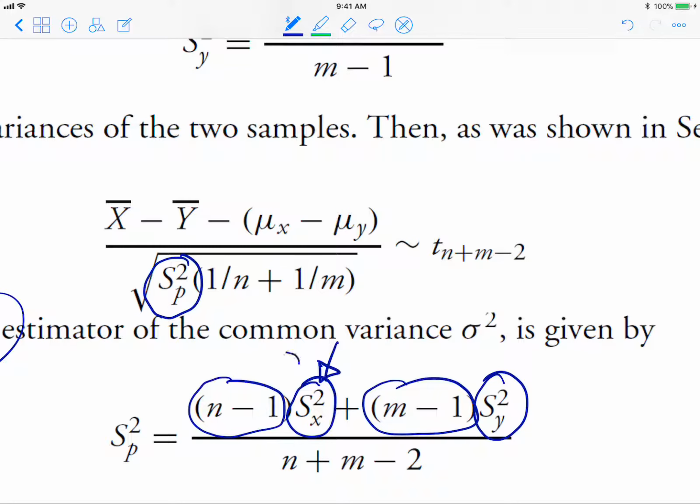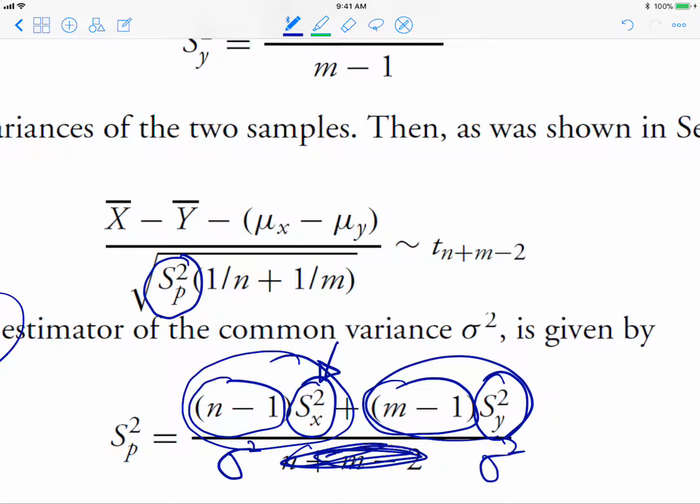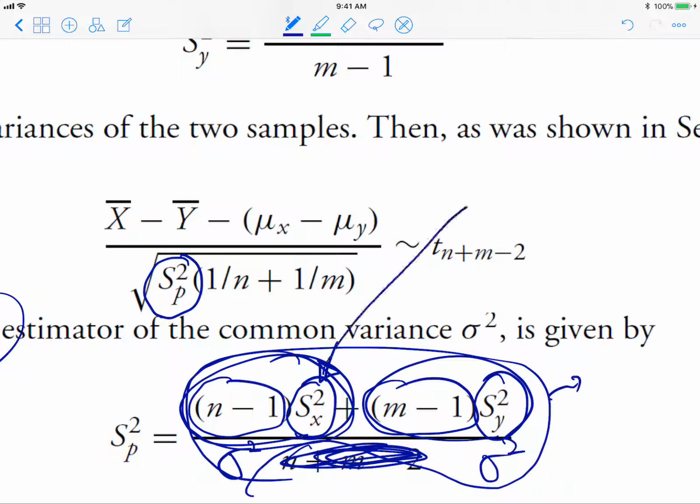Okay, and then if we divide it by sigma squared, what kind of distribution does it follow? This was the sum of xi minus x bar squared, right?